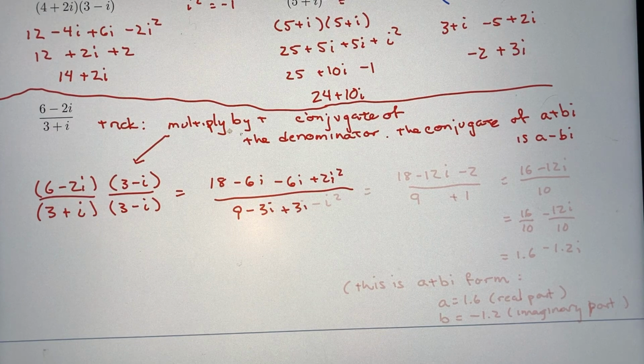Foily, foily, foily, foily, foily. Notice the reason that I do this is because then I end up with just a purely real number on the bottom.